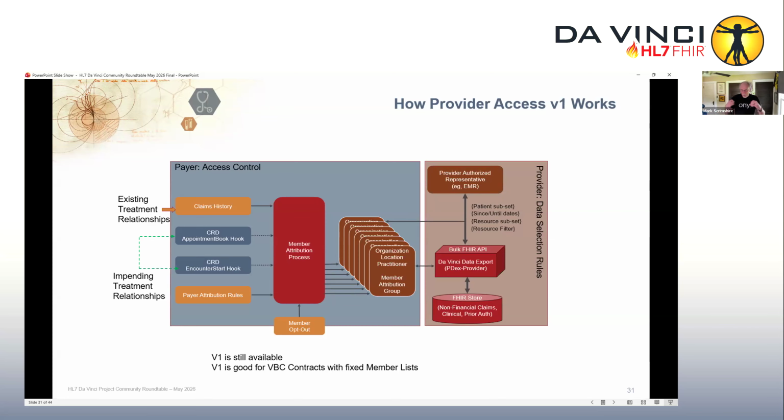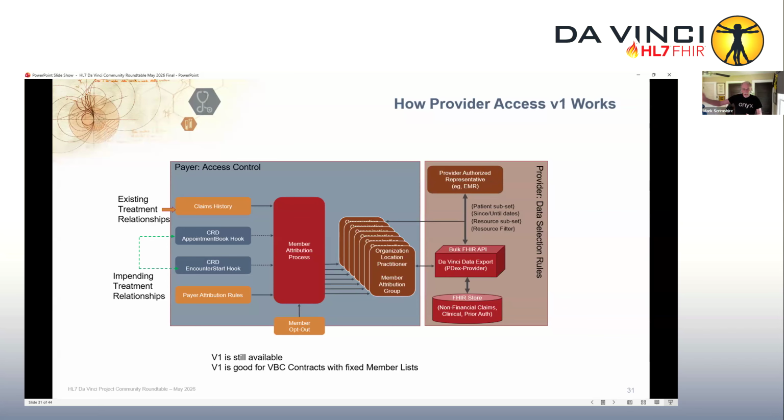And so what we're actually finding today is that payers are still implementing version 1, and it does have a very good specific use, and it relates really back to the attribution IG, in that when you are engaging in value-based care contracts, you end up typically with a fixed list of members that are assigned to a provider. Now, that's a good use for the provider access version 1.